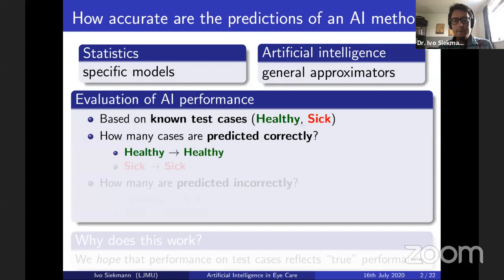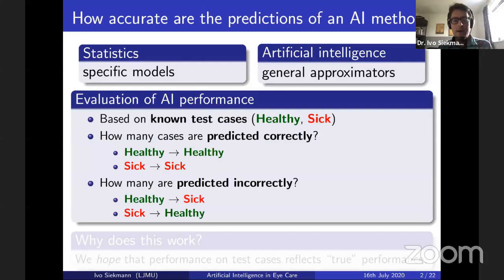When we have a healthy patient, have we predicted this patient as healthy? If we have a sick patient, has this been done correctly? And how many have been predicted incorrectly? A healthy patient that was predicted as sick, or a sick patient who was predicted as healthy.